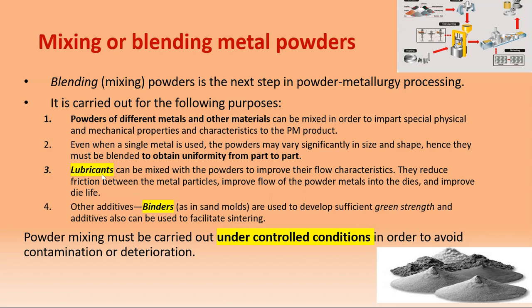They have to add some lubricants to help the flow characteristics and also to reduce the friction between the metal particles. And they also use a binder to develop significant green strength and to facilitate sintering. All this mixing must be carried out under controlled conditions to avoid contamination or deterioration.